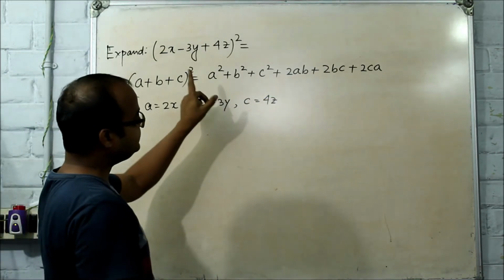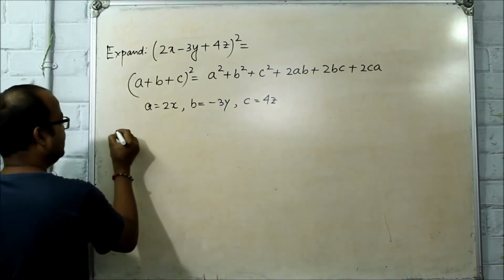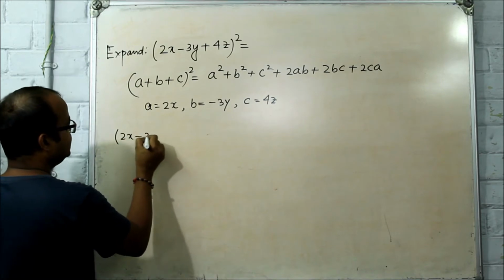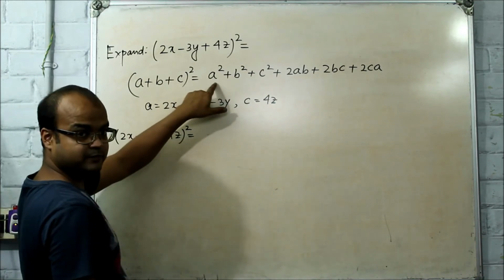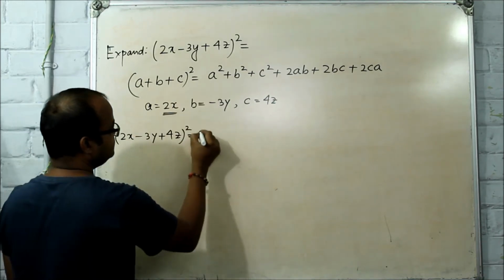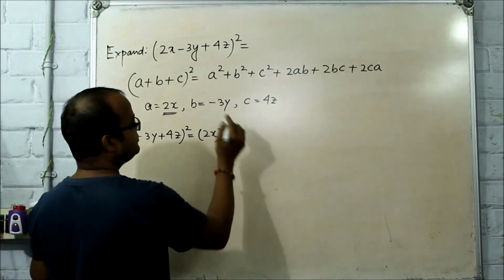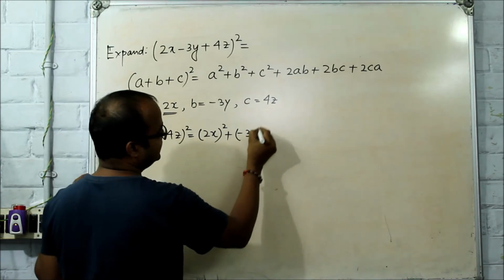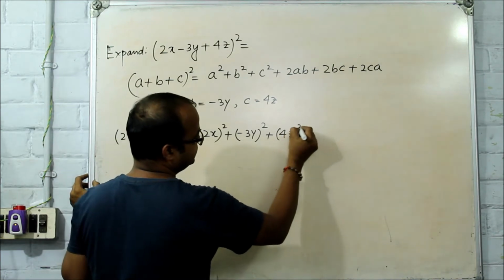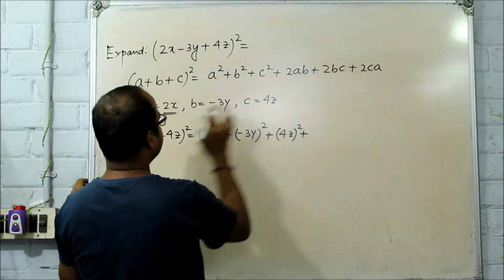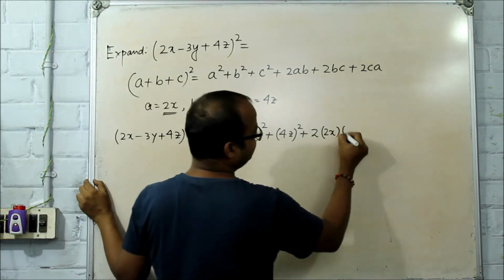Clear? Now substitute the value of a, b, c in the formula. So what you will get? (2x - 3y + 4z) square is equal to a square, a square means (2x) square, plus b square, b square means (minus 3y) square, plus c square, that is (4z) square, plus 2ab, that is 2 into 2x into minus 3y.